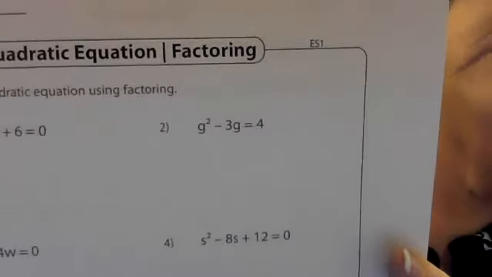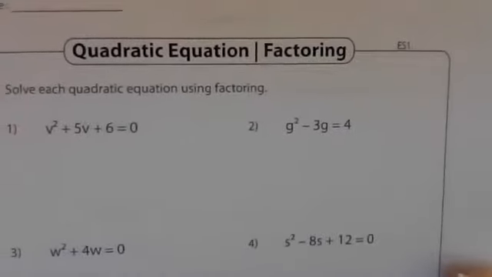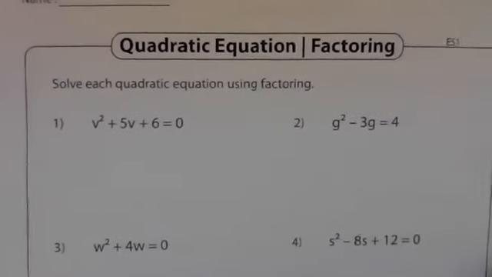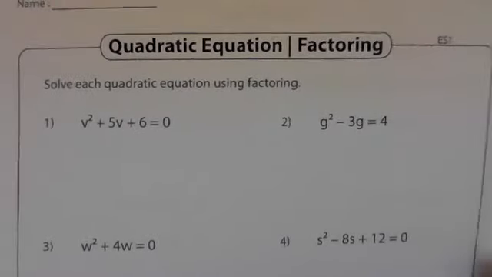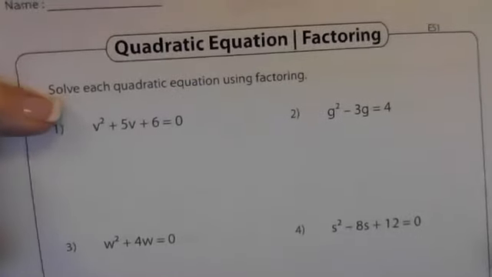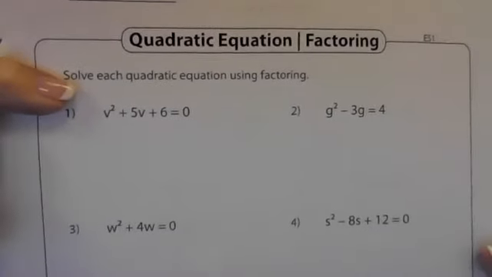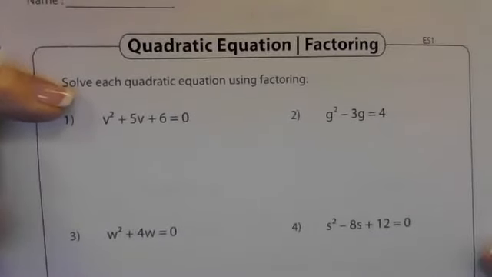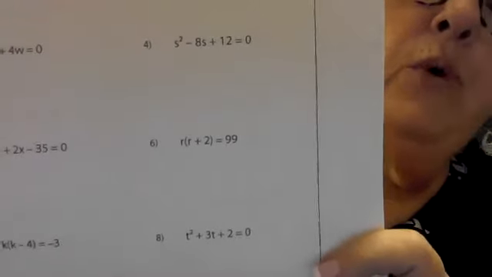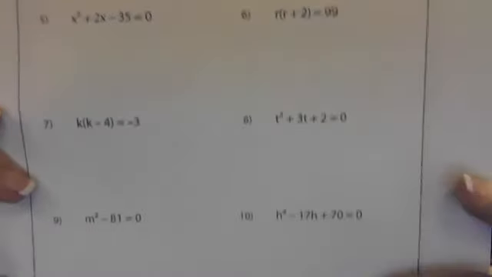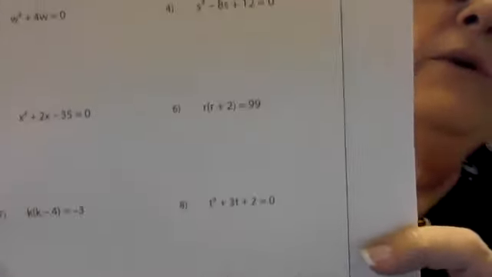And up at the top, it says ES1, quadratic equation factoring. Now this one, they're going to want you to factor and solve. It says solve, and you can't solve until you factor. Okay. So I'm going to move down to some of these that aren't equal to 0.